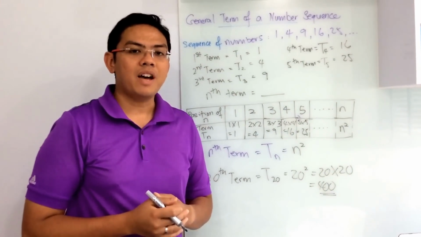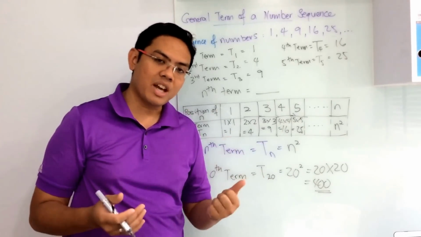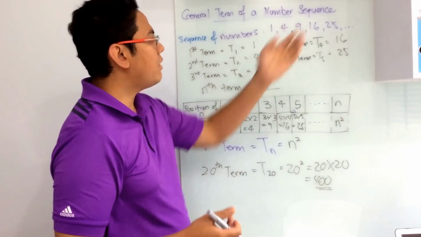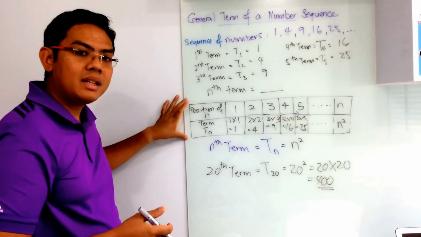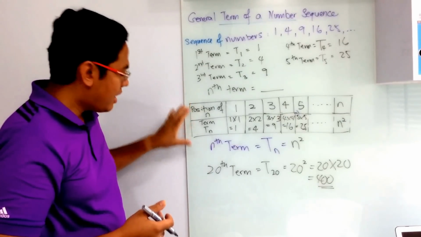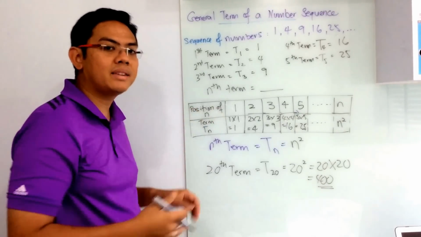So that's how you find the general term of any number sequence. As a recap, list down the number, write down the terms, see the pattern in the table, write what is the nth term, and find the required term that you need to find.